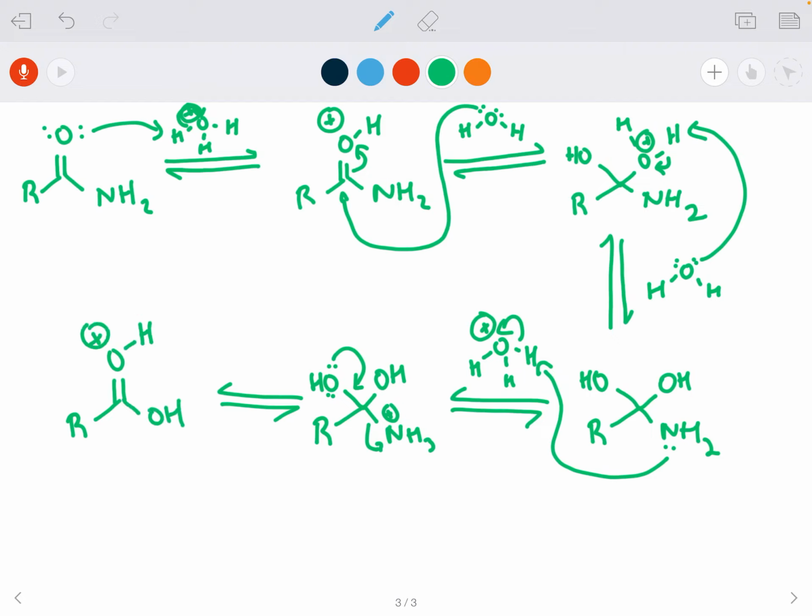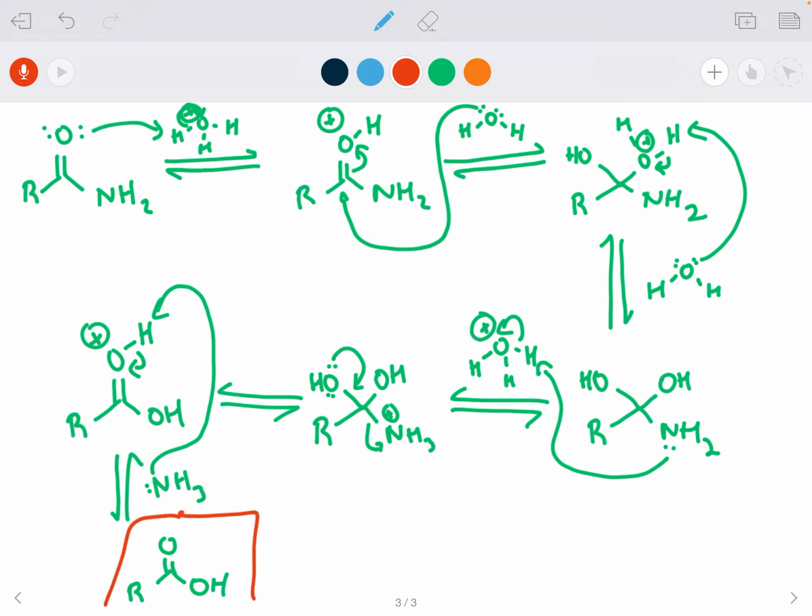So my last step now is simply to deprotonate the oxygen, and this could be done with the water, but it could very likely be done with the NH3 group that just got kicked off too. So either of those would be correct for the mechanism. And there's your carboxylic acid. So that's the acid catalyzed mechanism for going from an amide to a carboxylic acid.